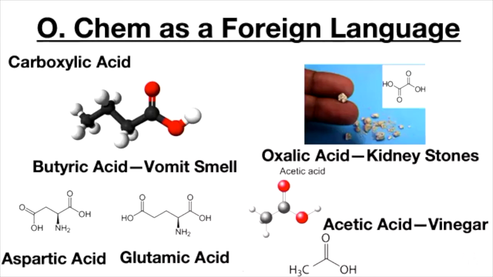It's actually vomit. To kidney stones, which hopefully none of us ever have to worry about, to even these amino acids here that are present in our bodies at huge amounts. Carboxylic acids are very important for basic life, and it's another small way that organic chemistry actually matters in our lives, much more so than just trying to think about conjugate bases.